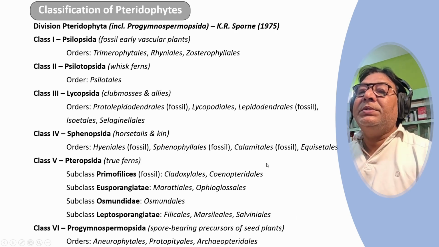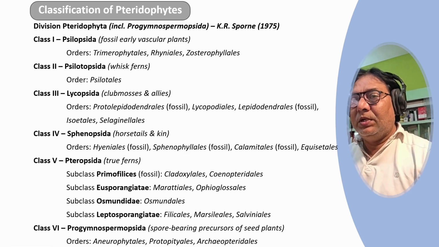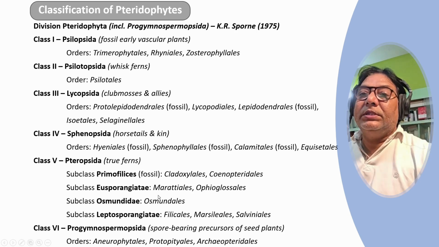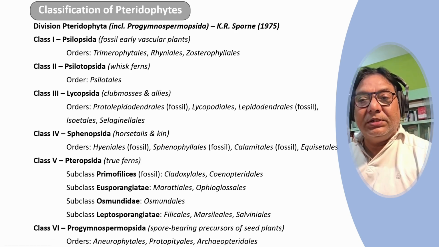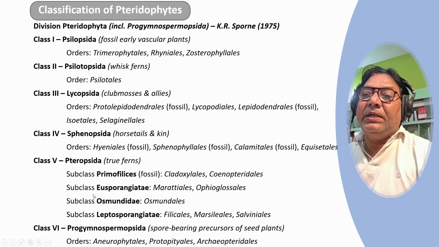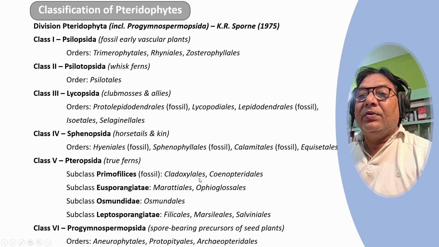Anyway, Pteropsida is the fern group, and it includes a big group. Most of the pteridophytes belong to this Pteropsida, also called Filicopsida. These are subclasses; in fact, there are many other orders. The subclasses are Primofilices, which is absolutely fossil. It includes Cladoxylales and Zygopteridales. And the subclass Eusporangiatae includes Marattiales and Ophioglossales.